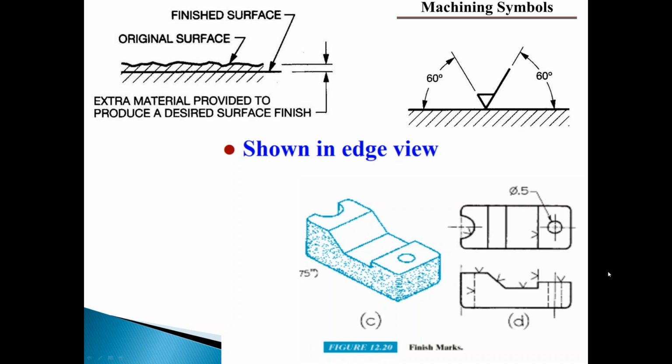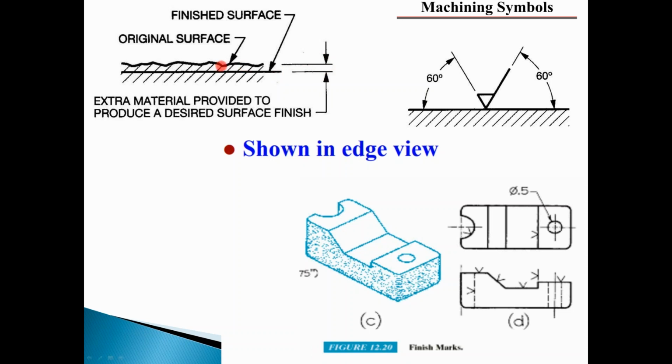So what is a finished surface? When you have the original rough surface and you want to tell the manufacturer that you want to smooth it out, you do so by pointing to the surface that you want to finish. So the extra material is provided to produce the desired surface finish.